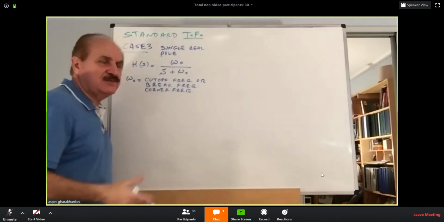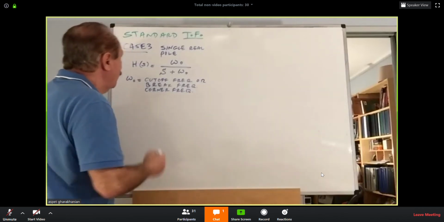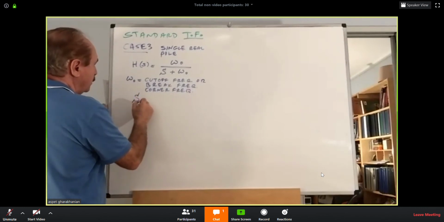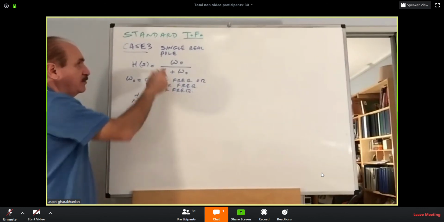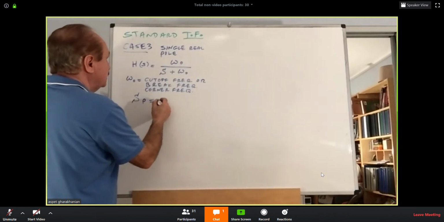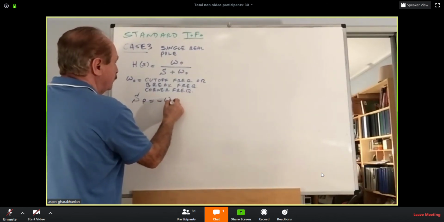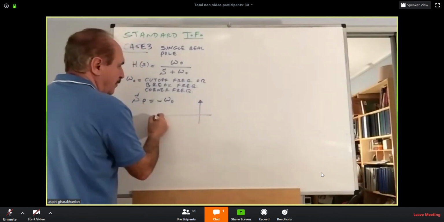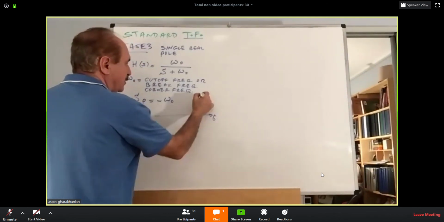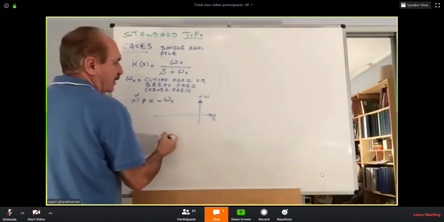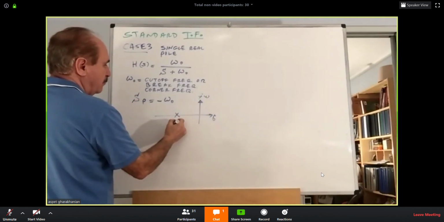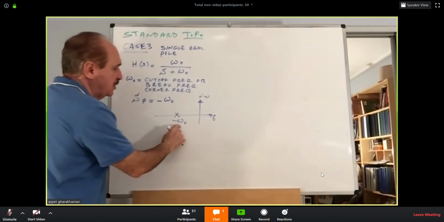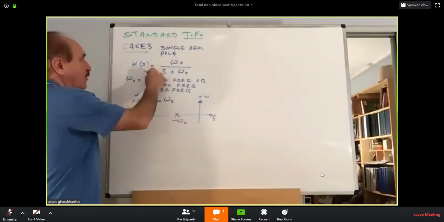There are many names given. What does that mean? The pole value of s that will make the function infinity is located at minus omega o. So in terms of the pole-zero diagram, here sigma and j omega, it's going to be located here, minus omega o. This is the pole position of that transfer function.